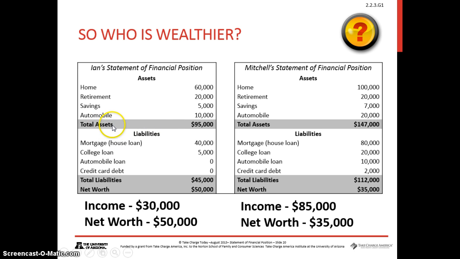Remember that assets means you own more things, and liabilities is that you owe more things. So now you would have to decide which one would you rather be. Personally, I would prefer to have a higher net worth, because what this means ultimately over here with Mitchell is that he didn't manage his money properly.